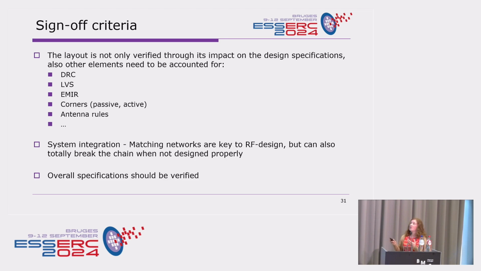Based on where your chip is on the die, it can vary in how it's working, so that needs to be taken into account at design time. And always take into account the system, because between the blocks it's important to match. It's also important to not break the chain and meet the overall specifications.